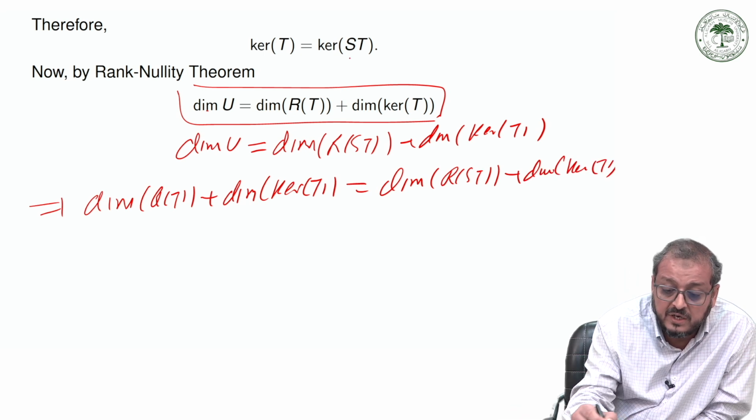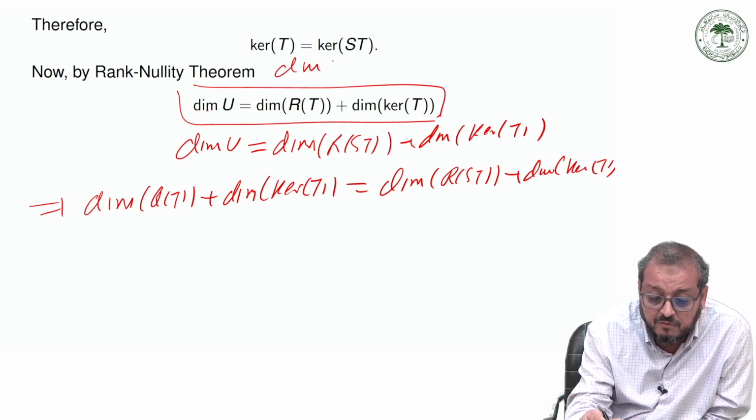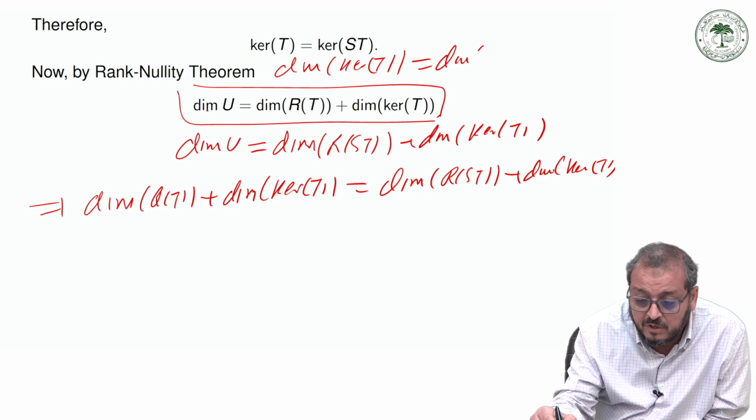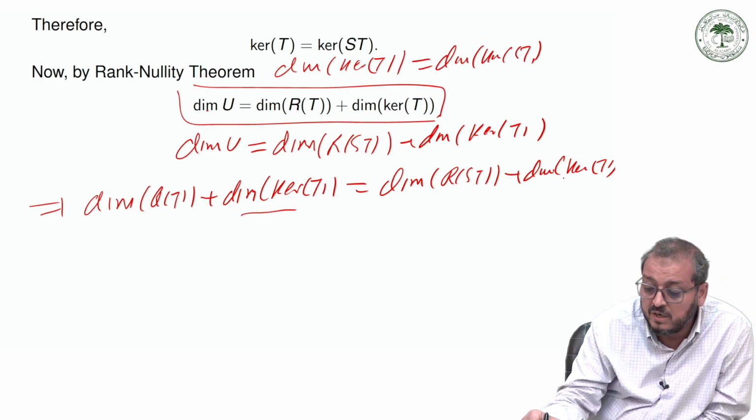Now we already showed that the dimension of the kernel of T is the same as the dimension of the kernel of ST. So these two cancel out.